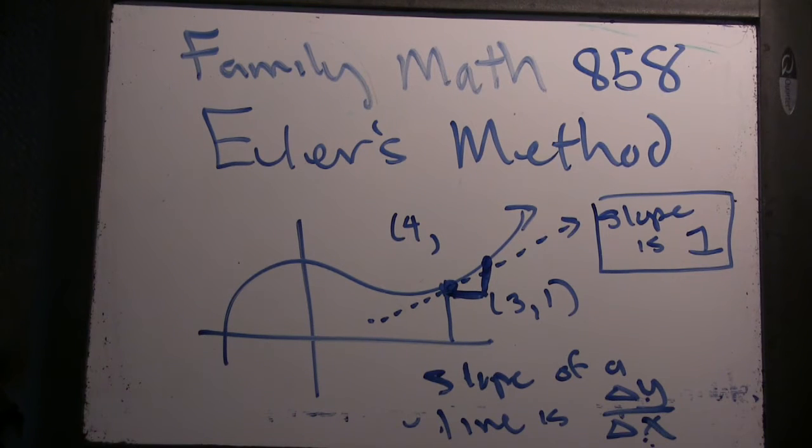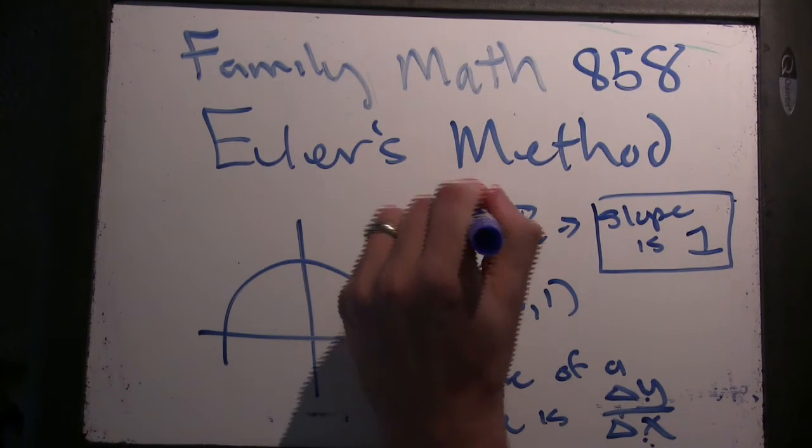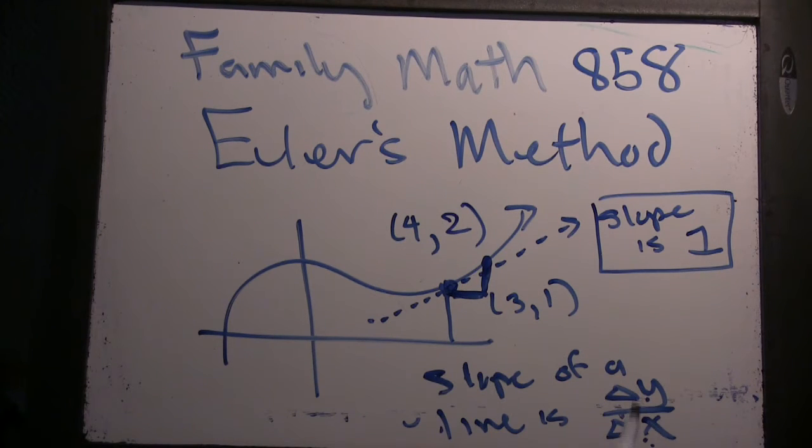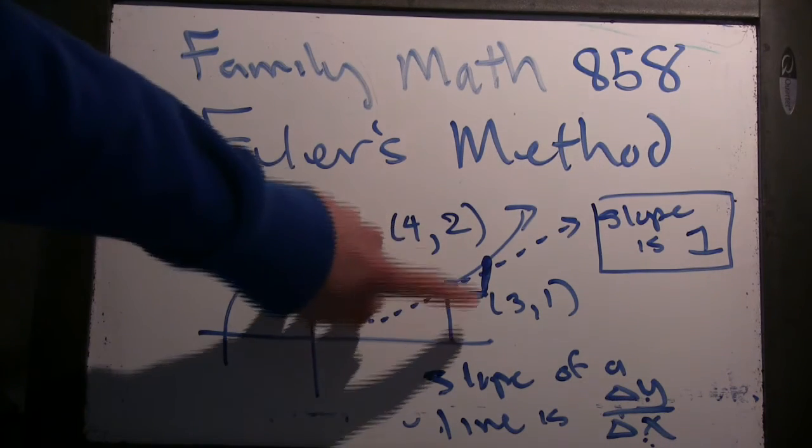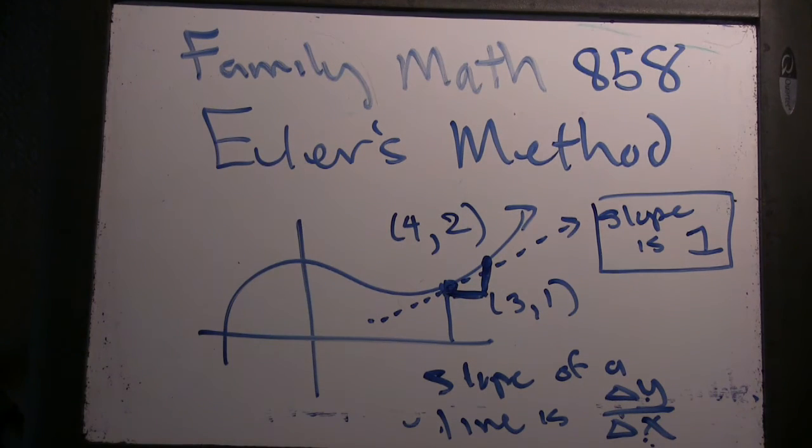Okay, why? Because you're going right one and then up one. And why would I expect going right 1 to mean going up 1? Well, the slope is 1. Yeah. So a change in the x direction will result in a change in the y direction. Very good, high five.